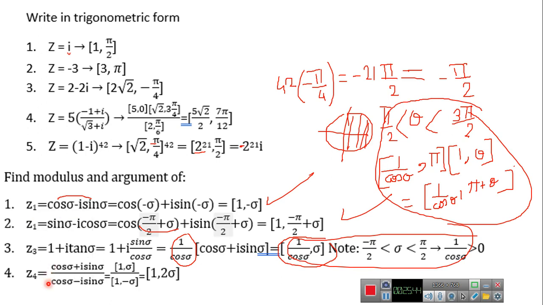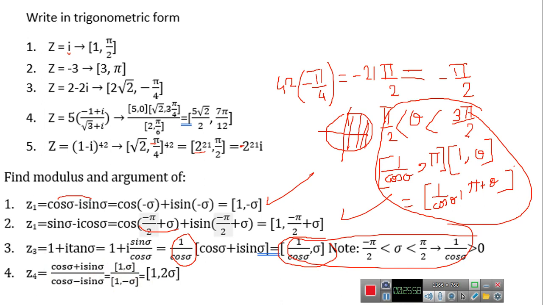So what will be the polar form? It will be 1 over cosine theta and pi plus theta. So here by mistake I didn't continue. So this is case 1 and this is case 2, if theta is between pi over 2 and 3 pi over 2.